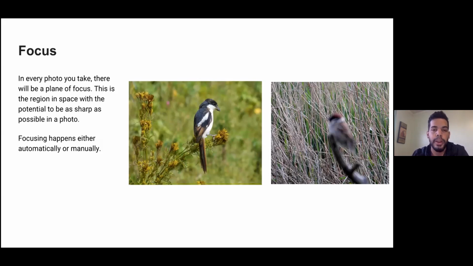What we care about is the bird, and that's why the picture is focused on the bird. In different cameras, and in the phone, you have different ways to focus. In most modern newer cameras, you can simply tap where you want to focus and it will quickly focus there.